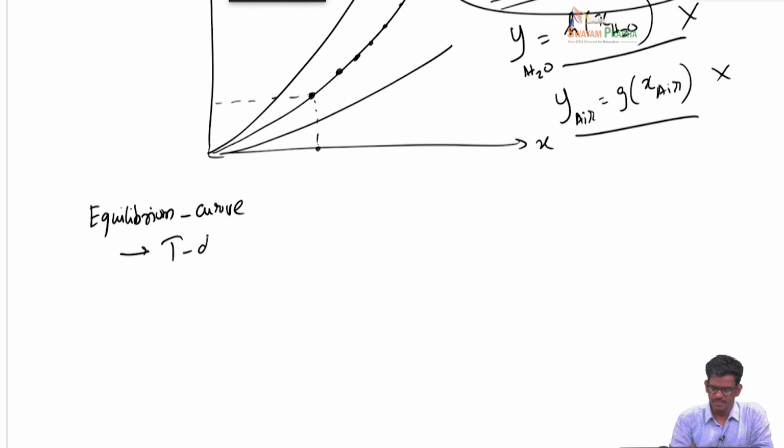So, it is temperature dependent. It also depends on the chemistry of the solvent and the gas system. This equilibrium curve is for an ammonia, air, water mixture. Instead of water, if you take some other solvent like ethanol, the equilibrium curve will be very different.